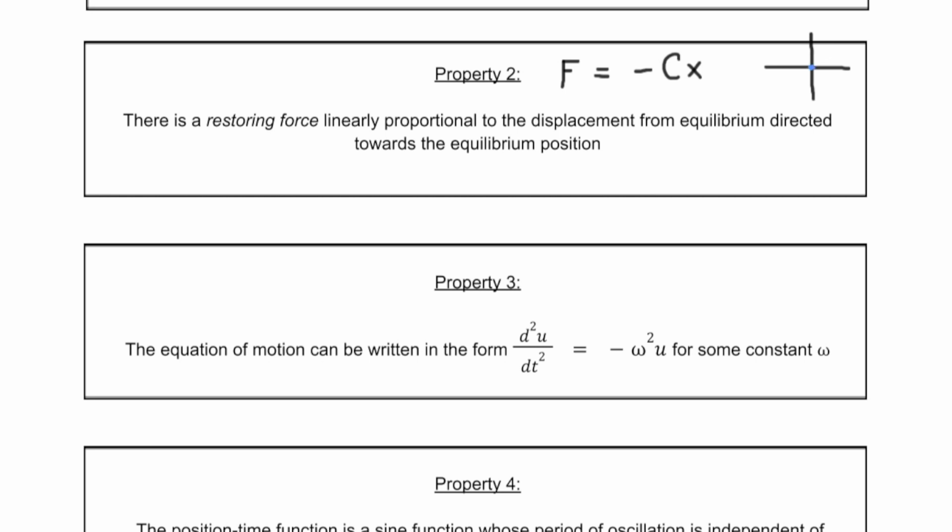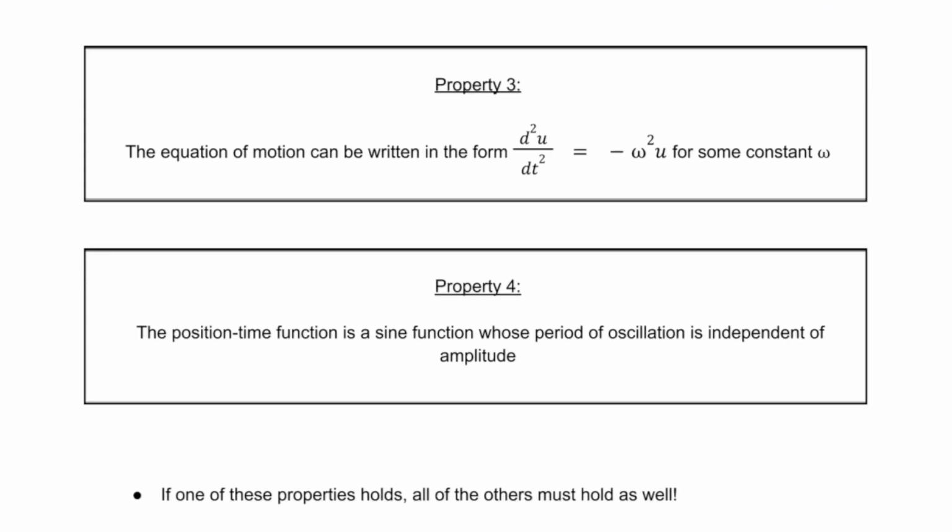But if you move out in the positive direction, there should be a force acting in the negative direction to send you back to zero. If you're in the negative direction, there should be a force in the positive direction to send you back to zero. So you're always having a force trying to send you back to this equilibrium position.